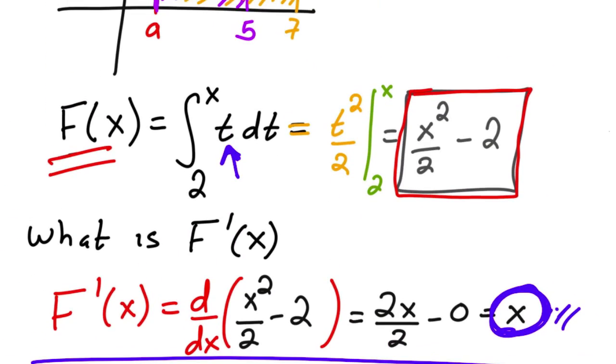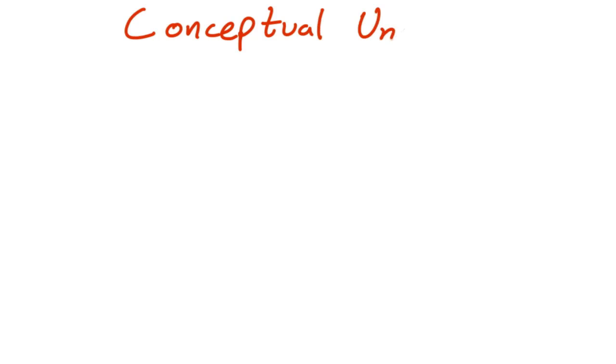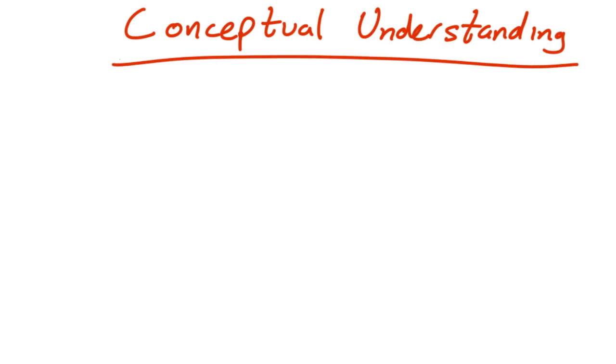Okay, now, so that's good, and we'll do some more examples in a minute. But what I want to do is I want to see if we can conceptualize it. So we want to make sure that we have a conceptual understanding of how this works. And the way I'm going to show you is we're going to use the interpretation of velocity. So let's say we have, let me draw a little picture here.